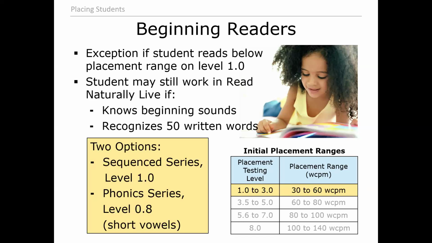Okay, so she knows some high frequency words, she can decode some CVC words, then she can work in those lowest levels. I strongly encourage you to consider putting her in the phonics level first. It's easier than 1.0 and it provides some CVC short vowel sound suggestions.